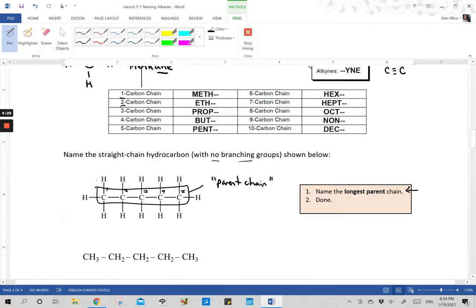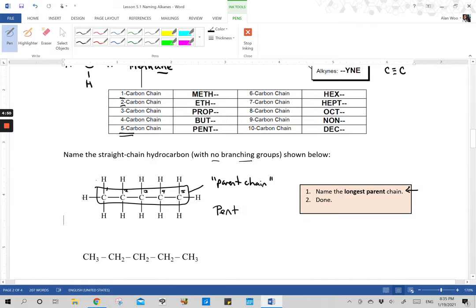Now, we don't really care too much about the hydrogens, okay? The hydrogens are not really a part of the name. But for this particular hydrocarbon, because there are 5 carbons, the prefix is pent.